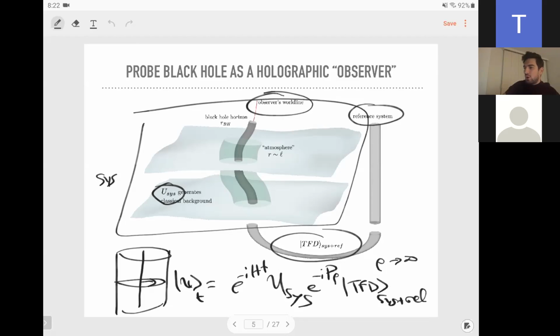It helps me know where the black hole is, essentially. It won't play any other significant role. We can discuss exactly what the physical meaning of this reference system is. But at this level, in this formalism, it's simply a very convenient way of tagging, of marking my observer, the frame of my black hole.